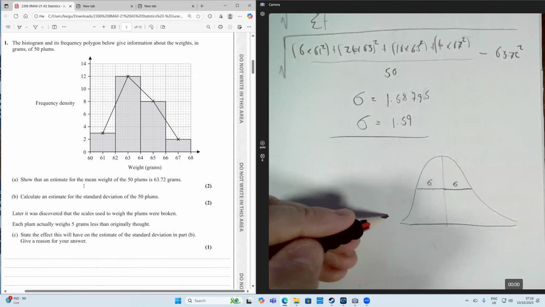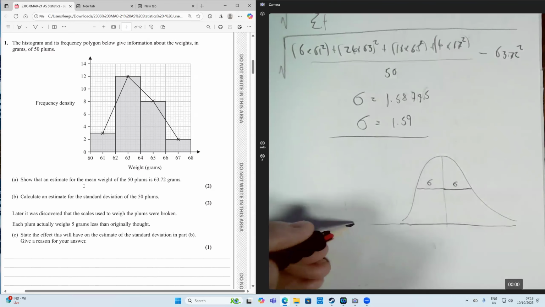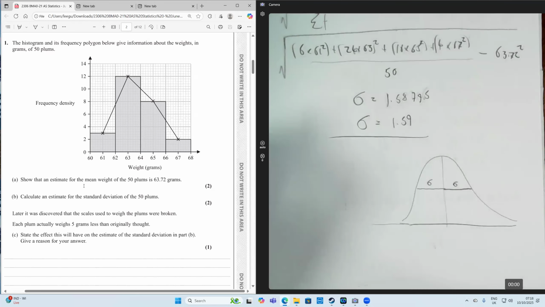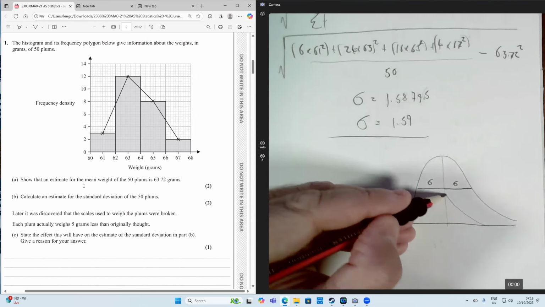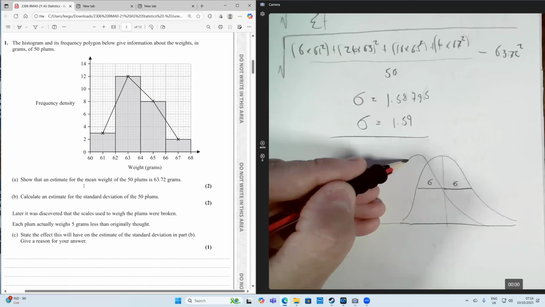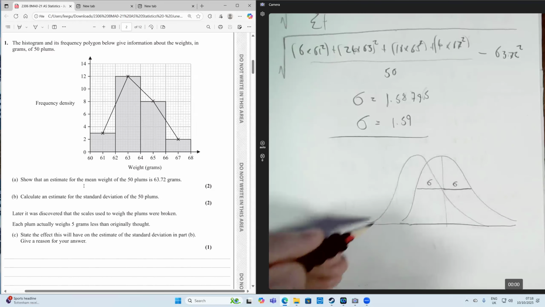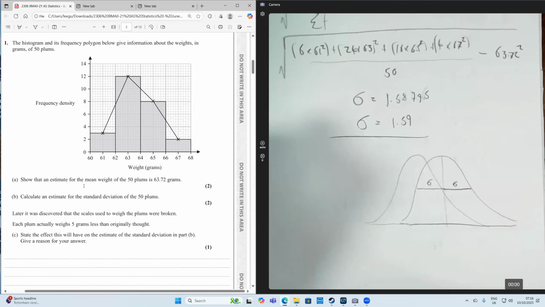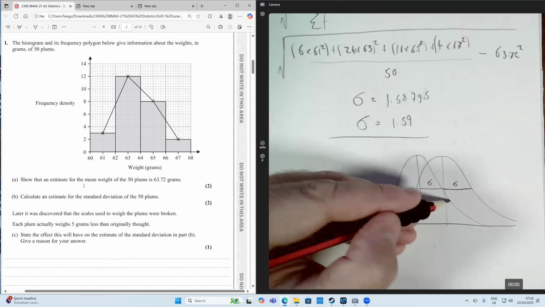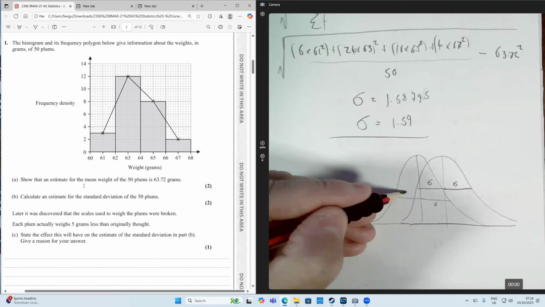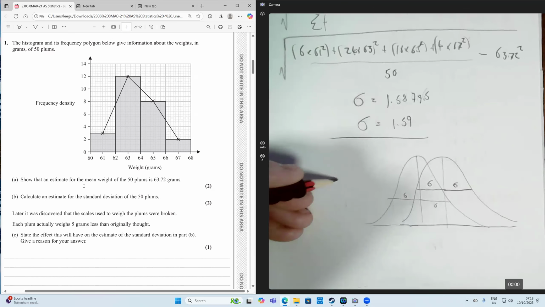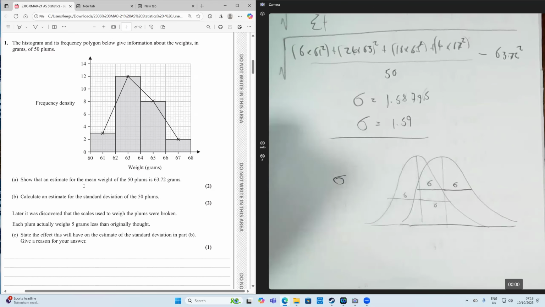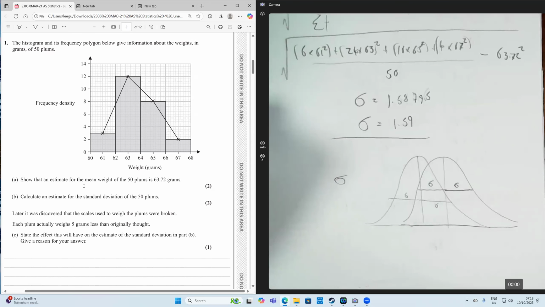Now, if every single plum happens to weigh 5 grams less than was originally thought, then all that means is the whole distribution is just moved 5 grams to the left, but it's still exactly the same shape, okay? In other words, crucially, the plums are still exactly the same distribution in terms of how spread out they are. So the standard deviation is unaffected, okay?